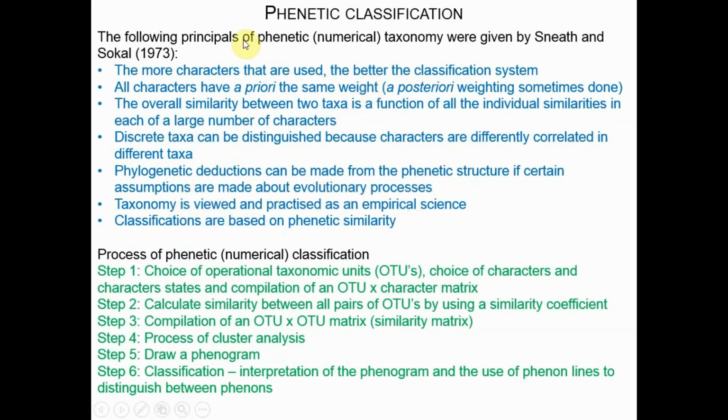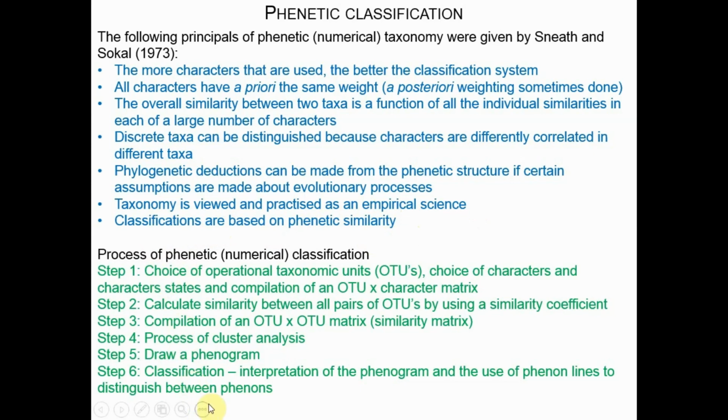So typically phenetic analyses are not used necessarily to infer evolution, because it is not based strictly on ancestral relationships between taxa. Taxonomy is viewed in practice as an empirical science, which is why we are doing this analysis, and classifications are based on phenetic similarity.